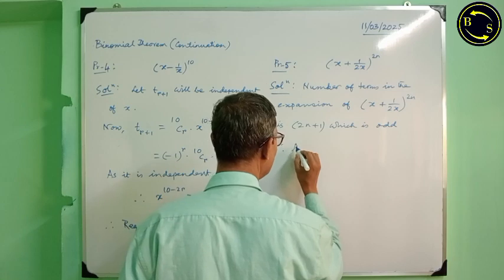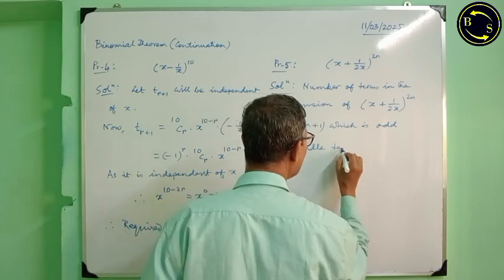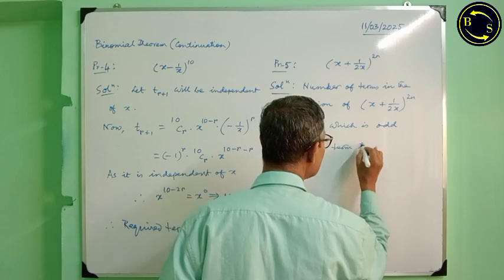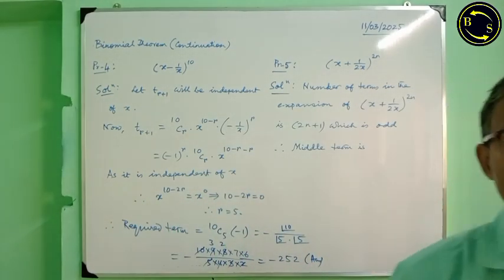Therefore, the middle term: if it is odd, then there is one middle term.